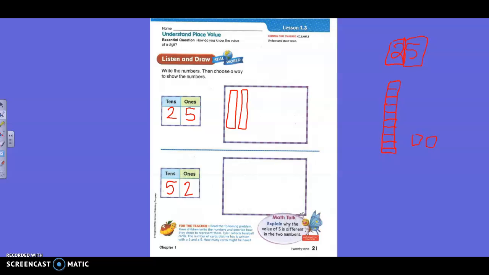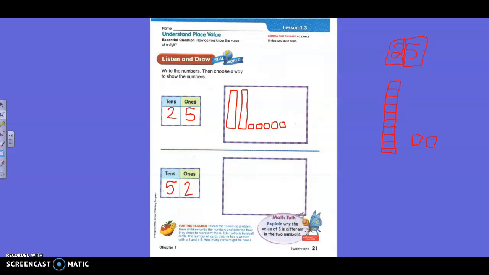How many ones do I need to show 25? I have 2 tens. What else do I need though? That's only 20. 10, 20. I want to show 25. So what do I need to do now, Alize? Draw 5 ones. So I need to come down here and draw 5 ones. I can draw them this way, or boys and girls, I could draw them up too.